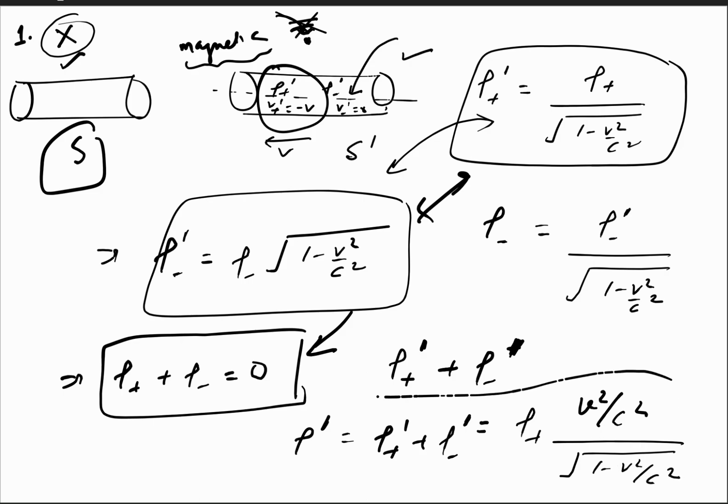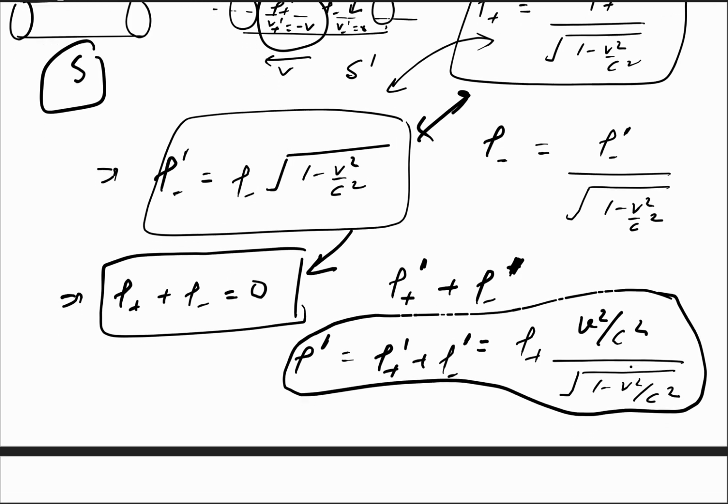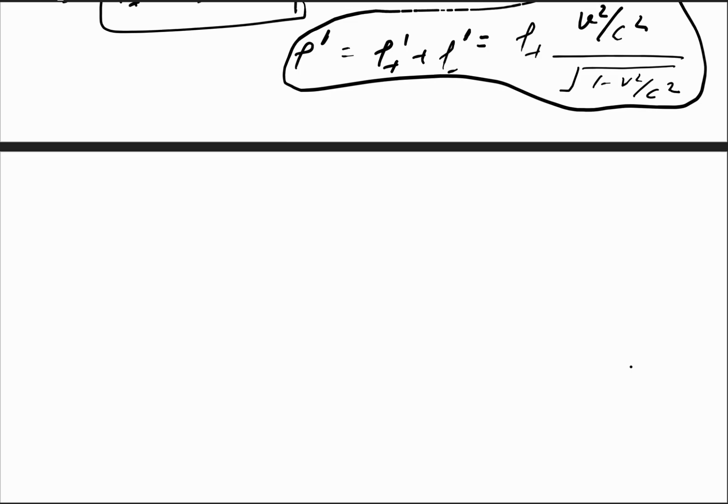So you see that in the moving frame there is a resultant charge density available on the conductor, which is now going to create an electric force.